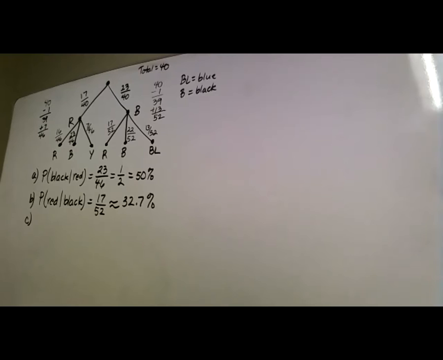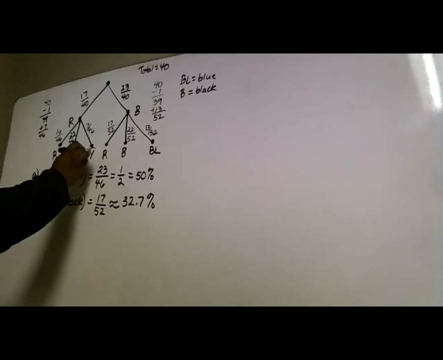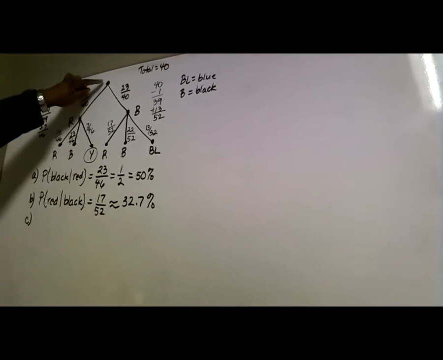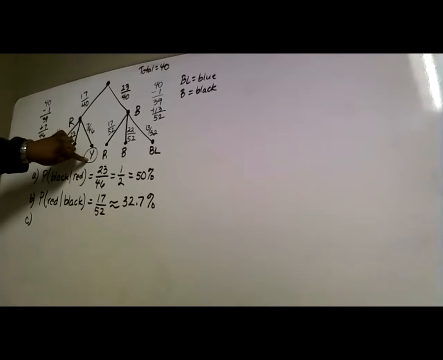And then part C, that the second marble is a yellow marble. Here's a row that consists of the second marble and it's yellow. For us to get a yellow marble, we have to start up here, go from a red to a yellow.